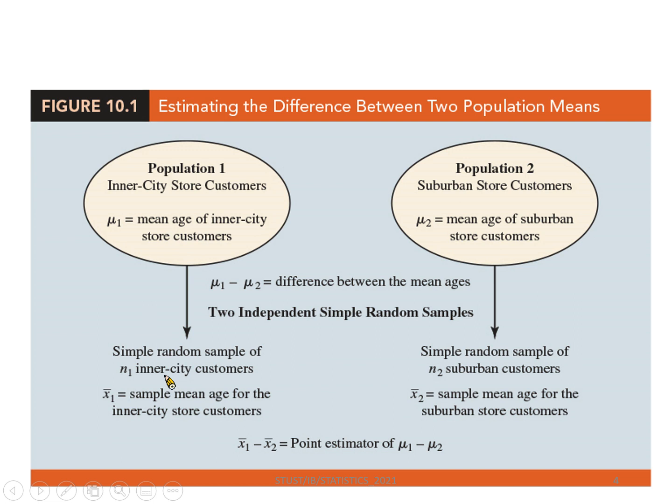For example, we will use x1 bar as the sample mean age for the inner city store customers and x2 bar as the sample mean age for the suburban store customers. Then we subtract them to get the point estimator for the difference between population 1 and population 2.